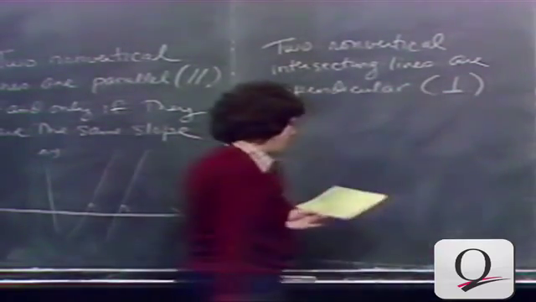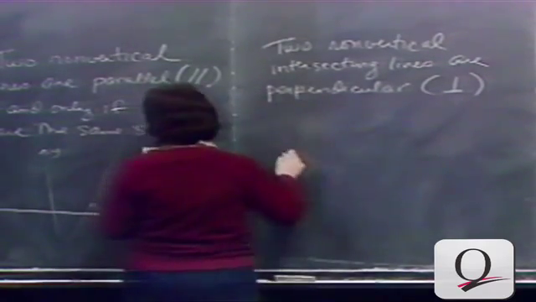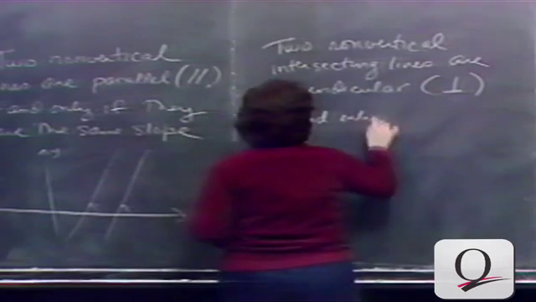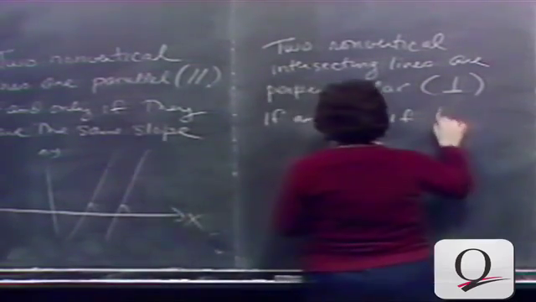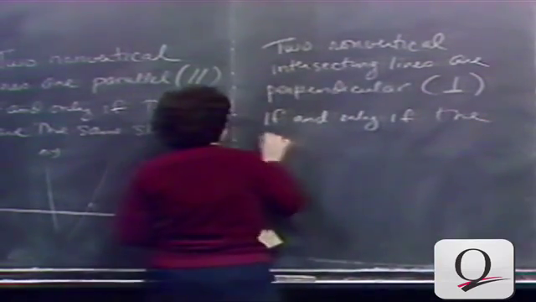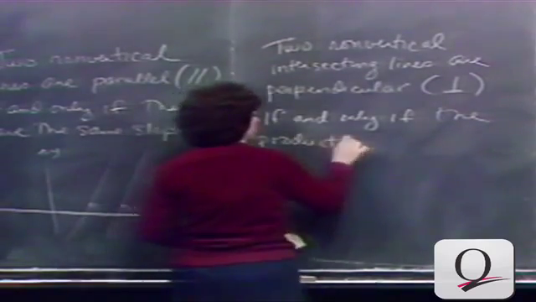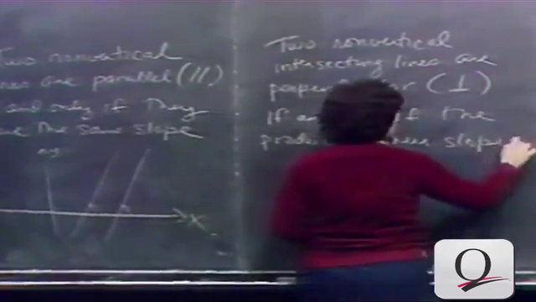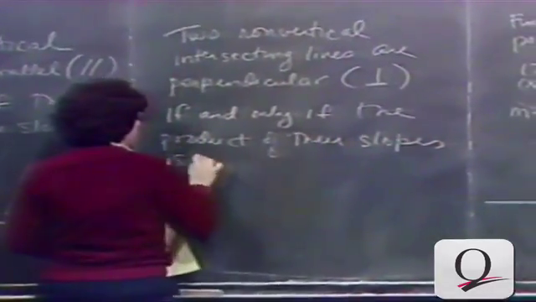The lines meet at right angles, are perpendicular if and only if the product of their slopes is -1.